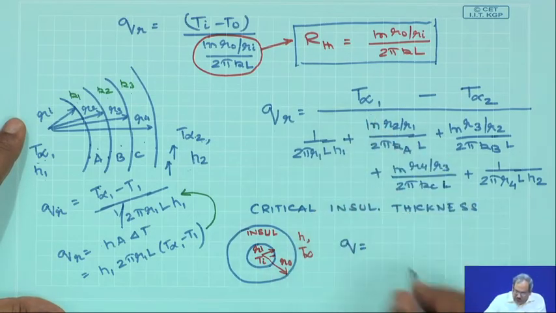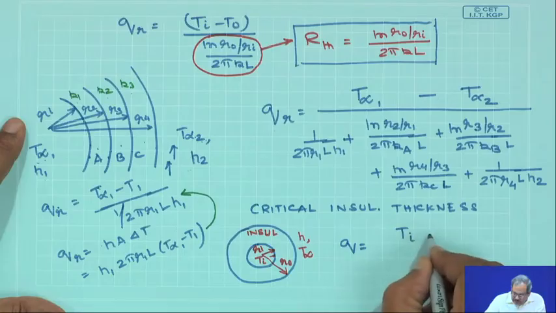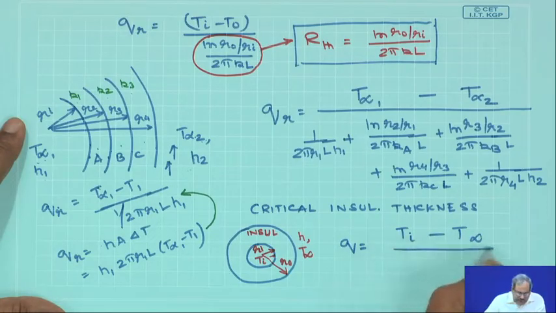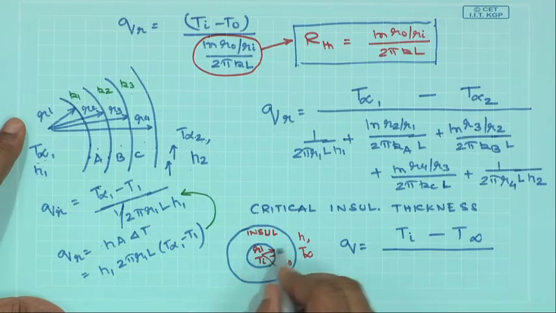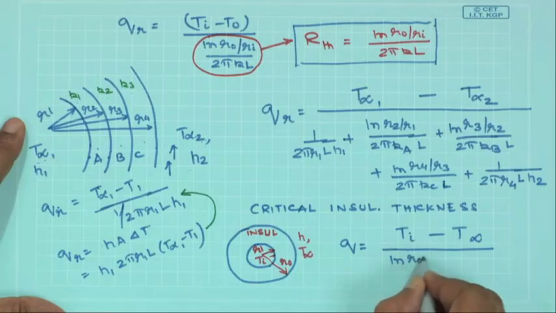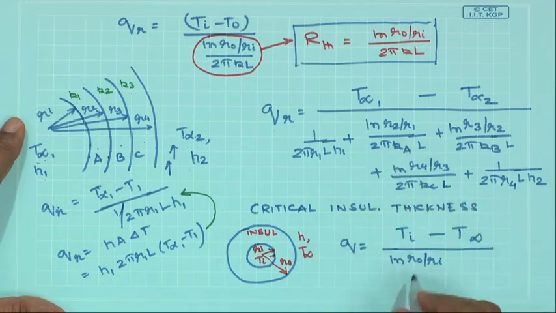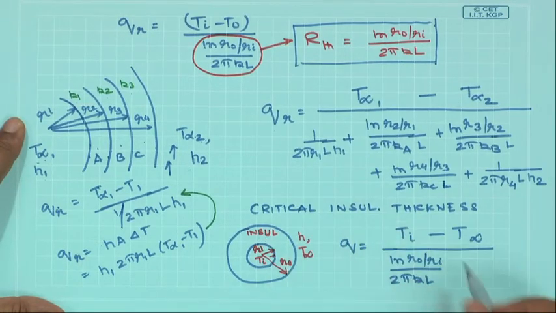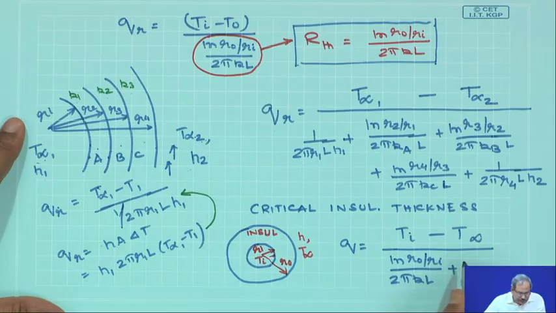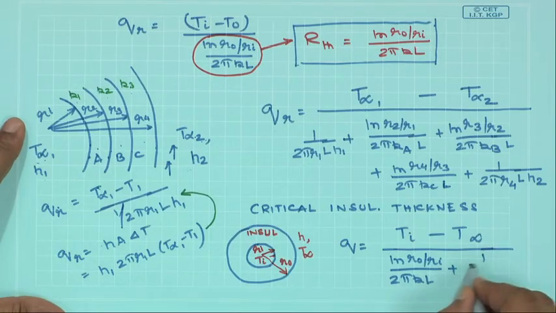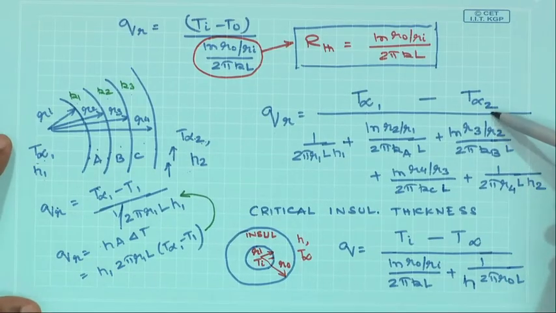So, as before, from here I can write that the heat flow is simply going to be T I minus T infinity divided by the resistance of heat flow through this, which is ln R naught by R I, exactly following what we have done before, divided by twice pi k L, where L is the length of the cylinder, plus the convective resistance, which is 1 by h twice pi r naught L. So, there is nothing new. I have simply used this for this case.